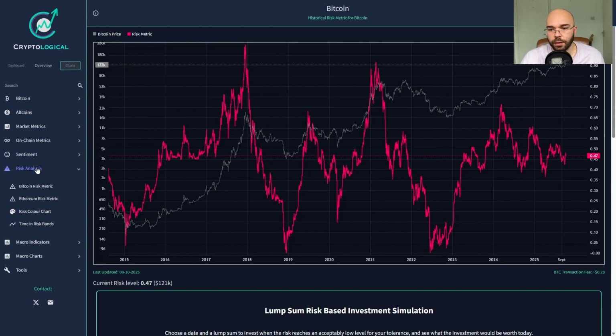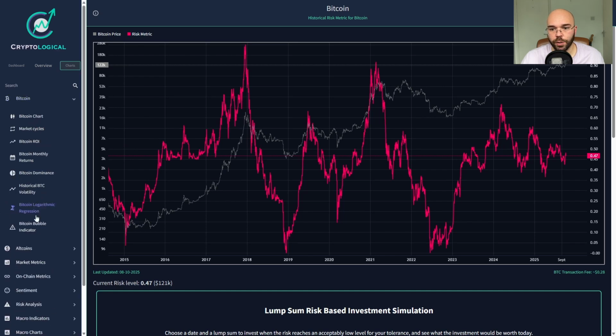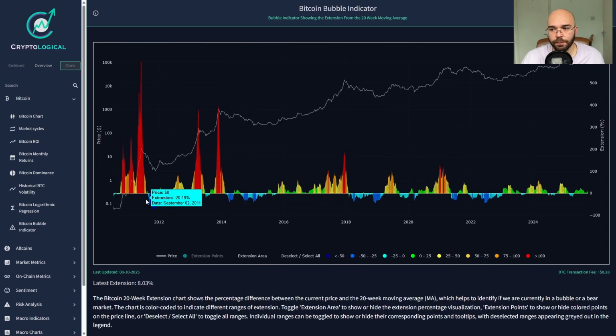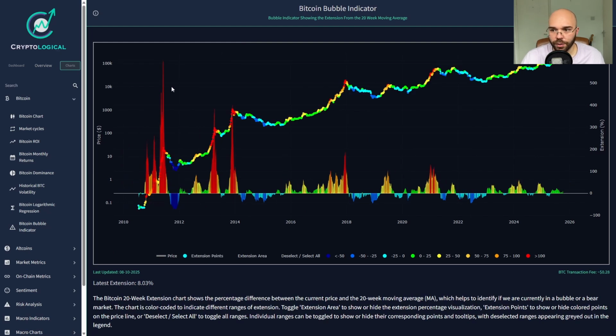Another way we can look at top indicators is the Bitcoin bubble indicator, which plots the extension between Bitcoin's price and the 20-week moving average. So we can see obviously diminishing returns where we had massive extensions in the past, generally getting smaller and smaller.